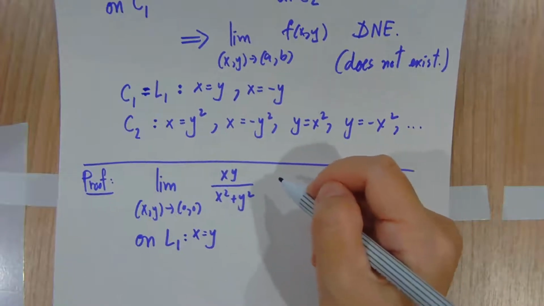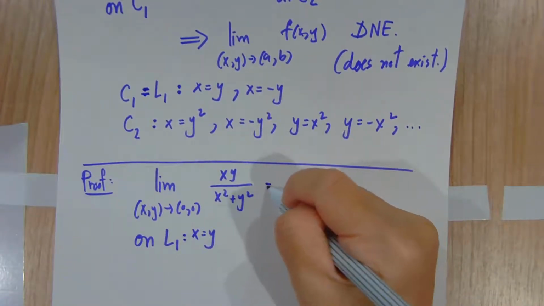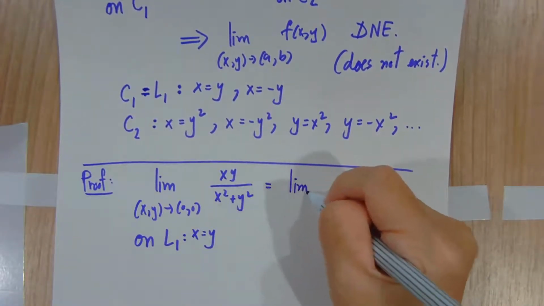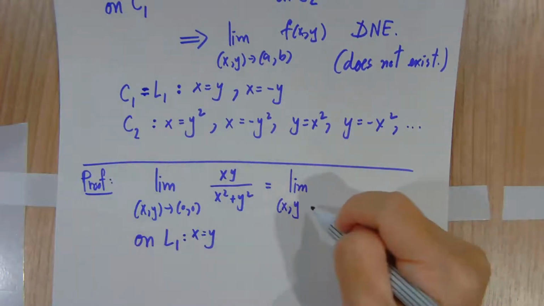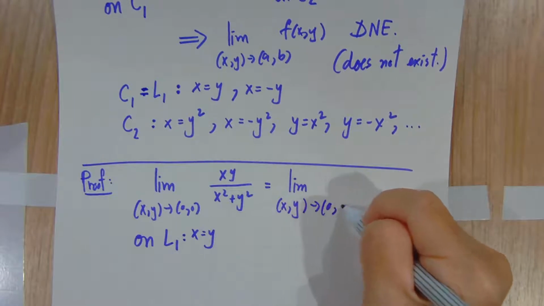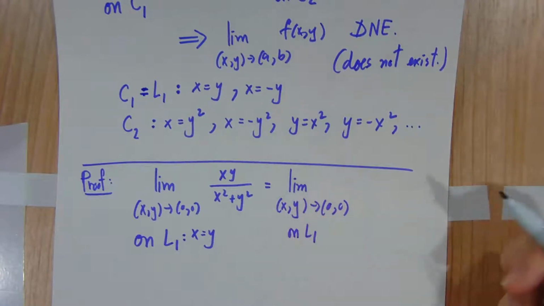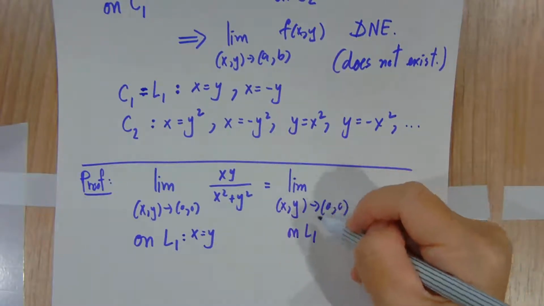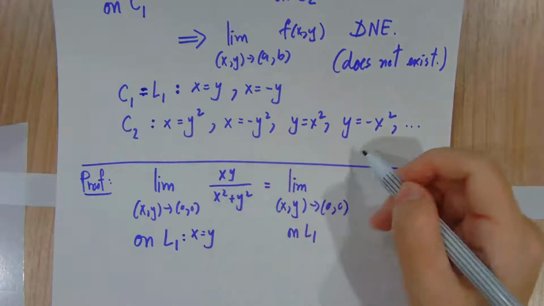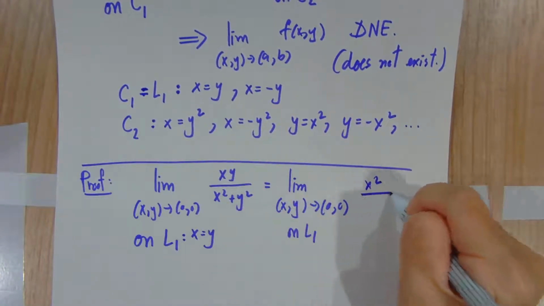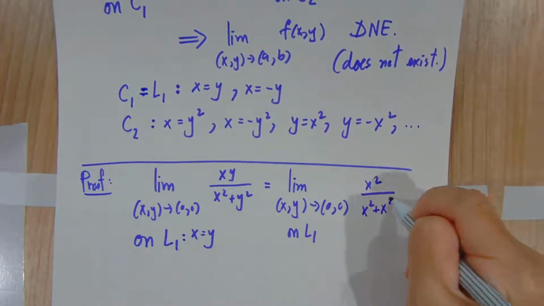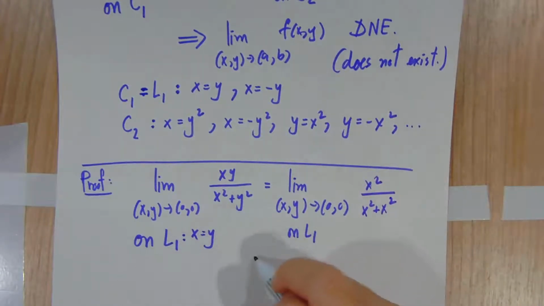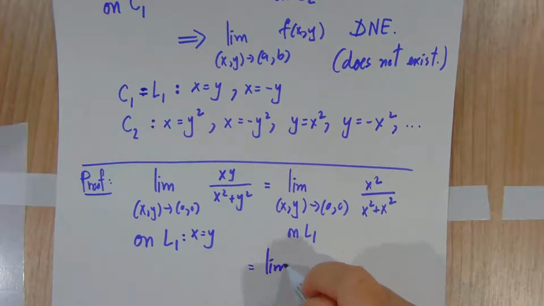After that, we just replace the term y or the term x, it doesn't matter. Okay, so if we replace y with x, you get x squared over x squared plus x squared, which we can simplify, and the x squared cancels.